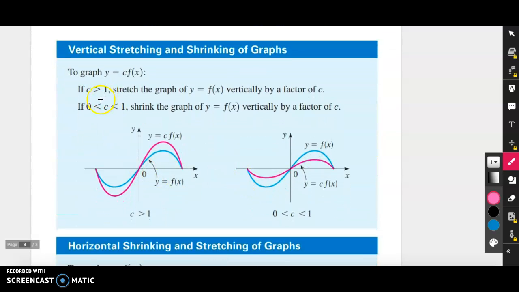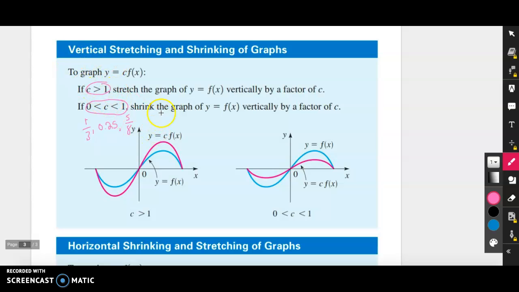Vertical stretching or shrinking. So this is just a fancy way of saying greater than 1. This is a fancy way of saying a fraction less than 1. So some examples could be 1/3, 0.25, 5/8. Those are all examples of fractions or decimals that are less than 1.